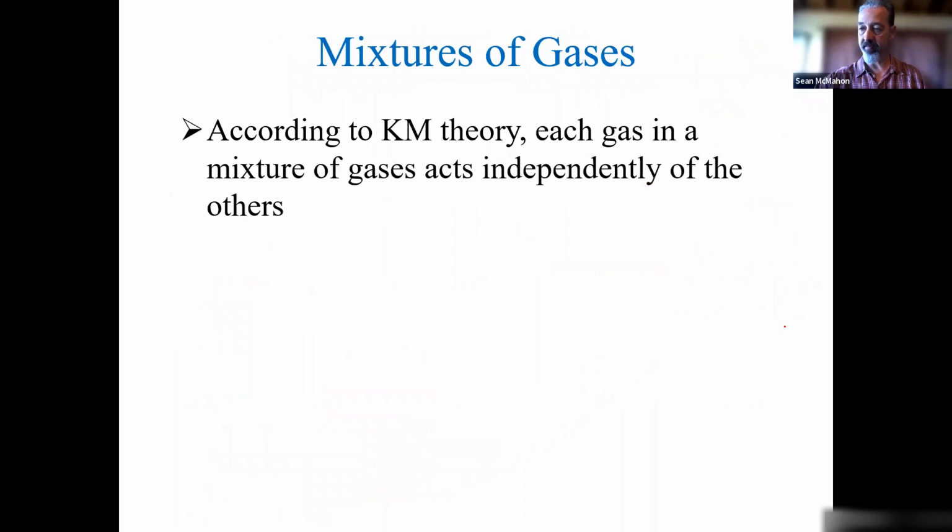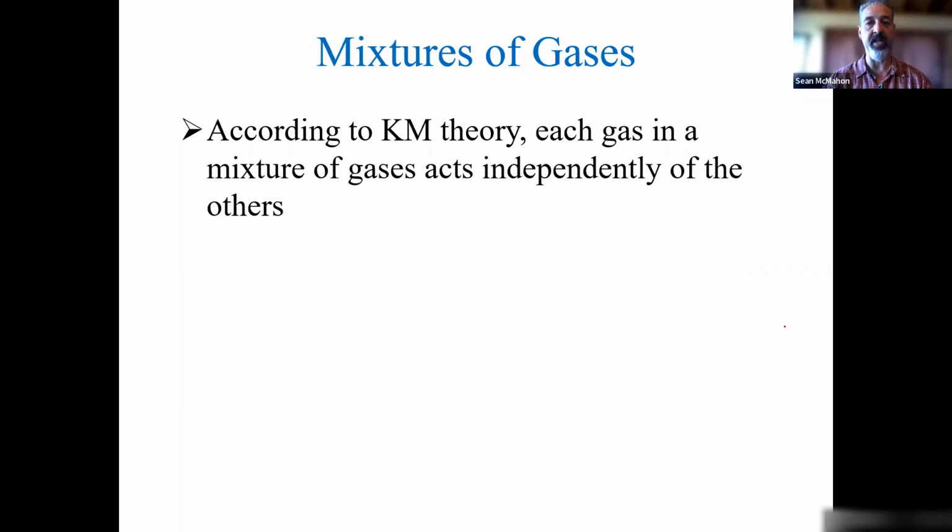So that was kind of a review of the stoich and of our ideal gas law. But now, one of the things that we really didn't talk too much about is that most of the gases we're interacting with are mixtures, right? So air is a mixture.